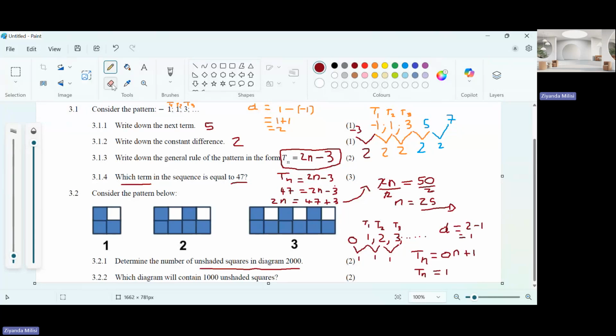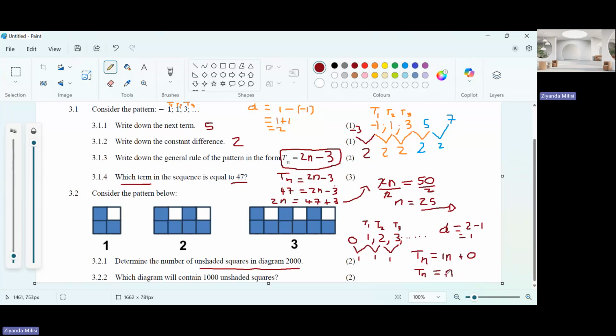No, we are making a mistake here. 0 is not the constant difference. Apologize, guys. The constant difference is 1. So it's 1n. The term that comes before the first is 0, which we usually place there. Then 1n is written as n.